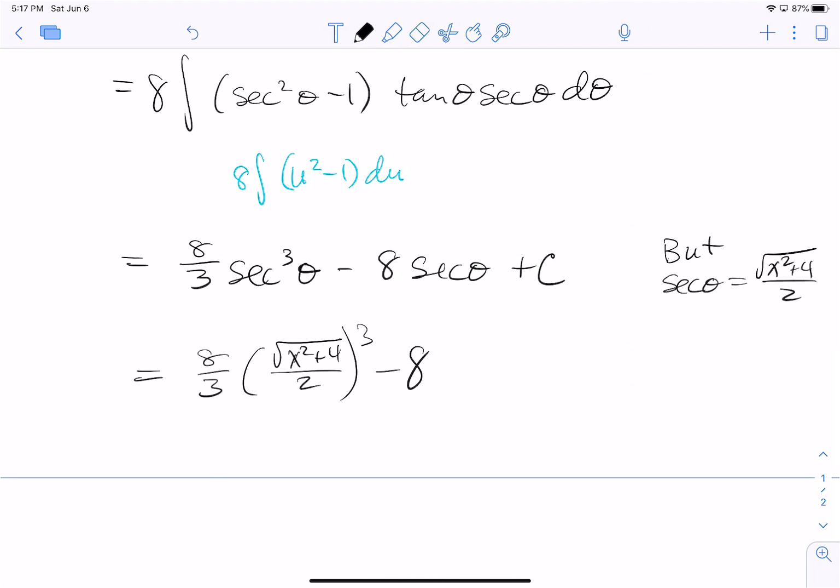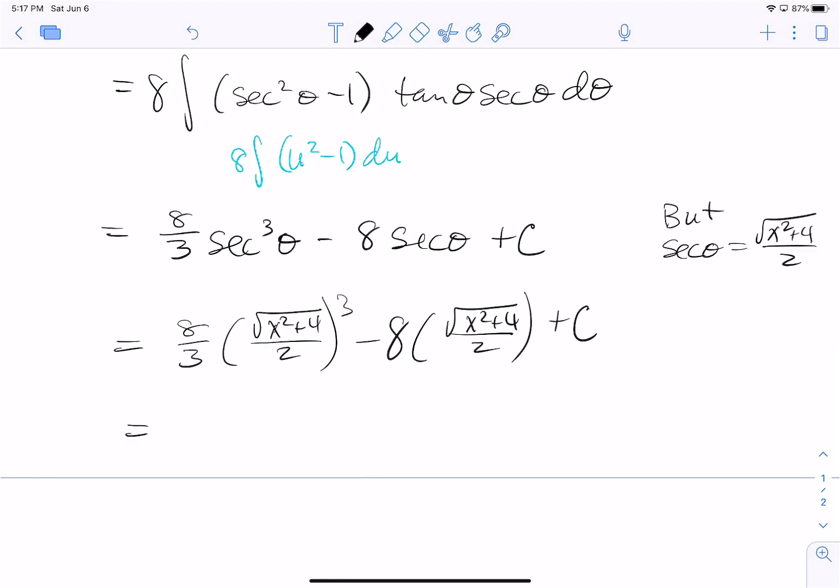It should be 8, minus 8 times the square root of x squared plus 4 over 2 plus c. One final simplifying step will give us an answer of 1/3 times the quantity x squared plus 4 to the 3/2 power minus 8 times the square root of x squared plus 4 plus c.